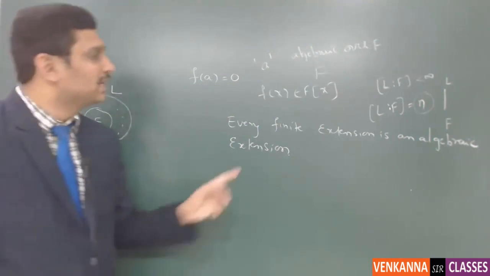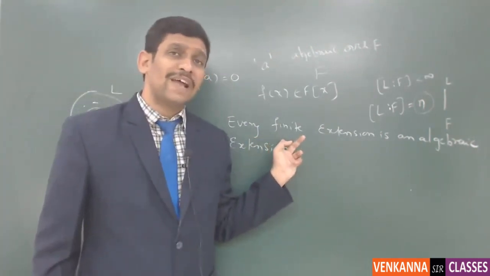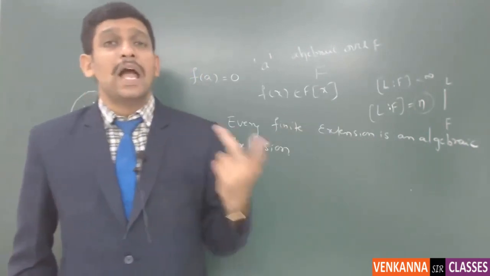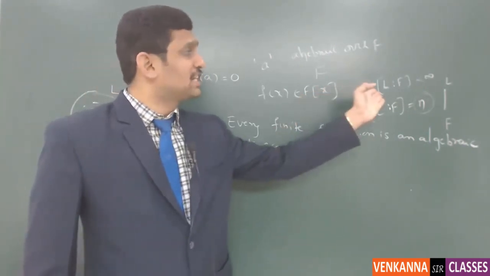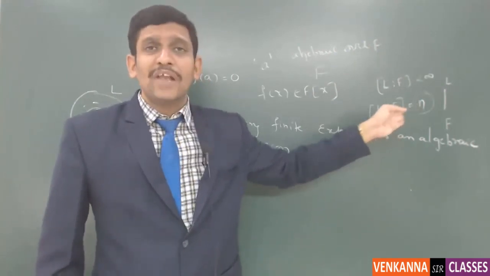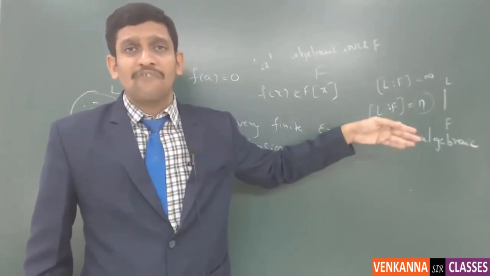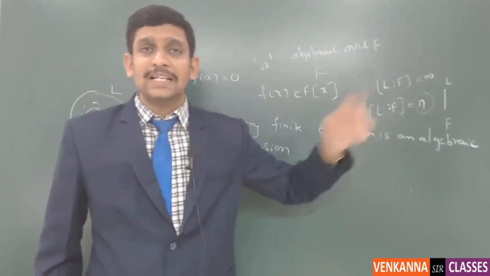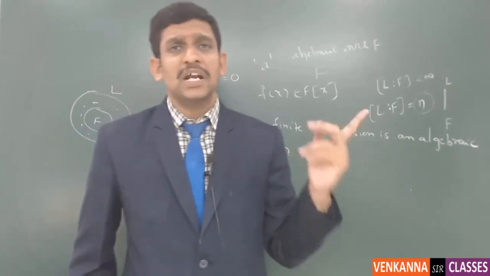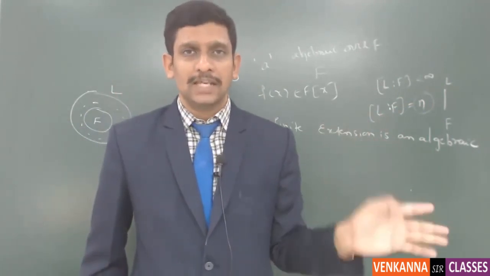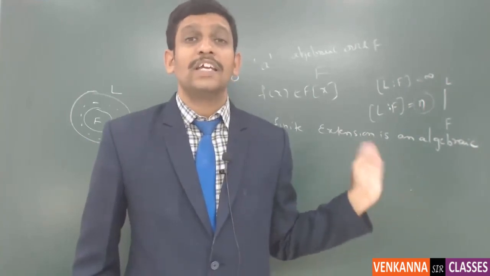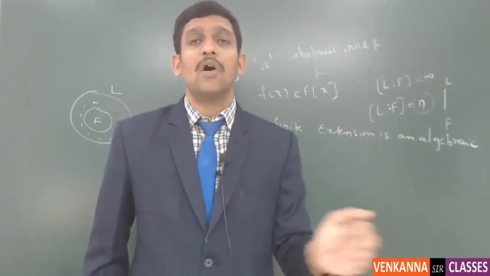Now what I am saying is, if you take a finite extension, it is algebraic. It means that I have considered an extension like this, let me say the extension degree is n. It means I can find a basis containing n elements. Now I am saying that each and every element of L is algebraic over F. So every finite extension will become algebraic.